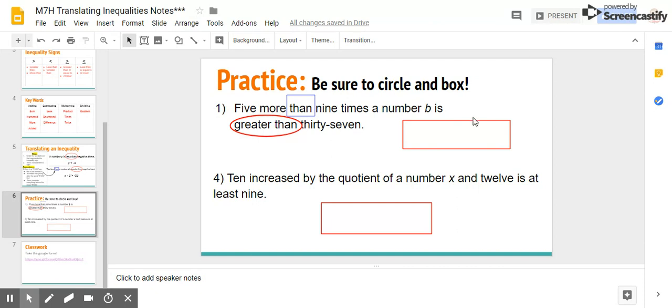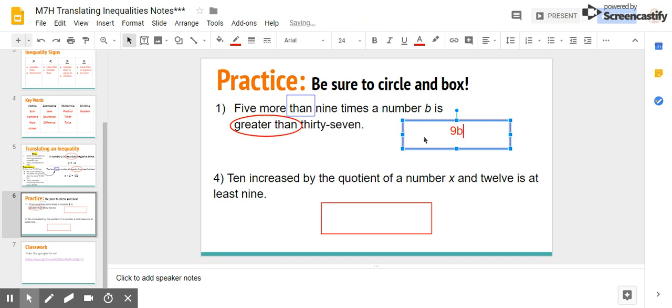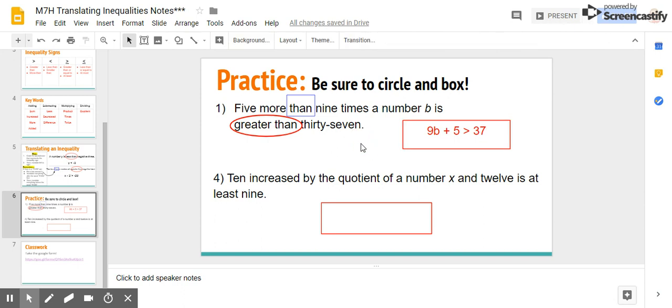Okay, so click on our answer box. 9 times a number b, so 9 times b, so 9b, and then what's before it, 5 more, plus 5, is greater than, so our greater than symbol is greater than 37. So there's our translated inequality. We went from words to math language.